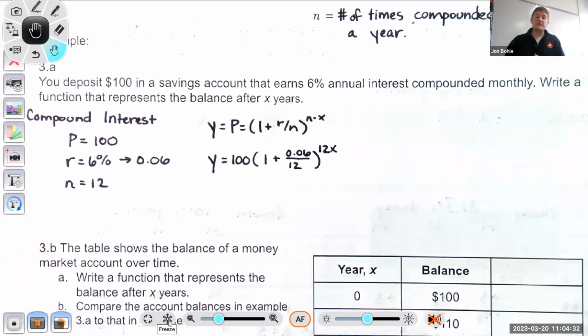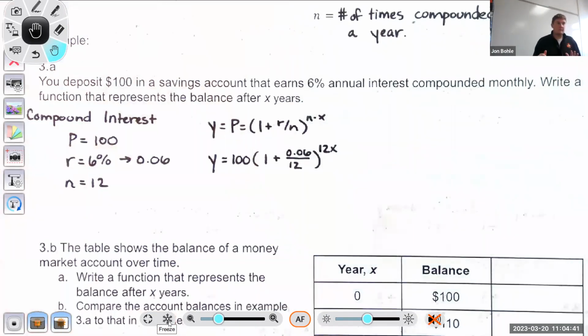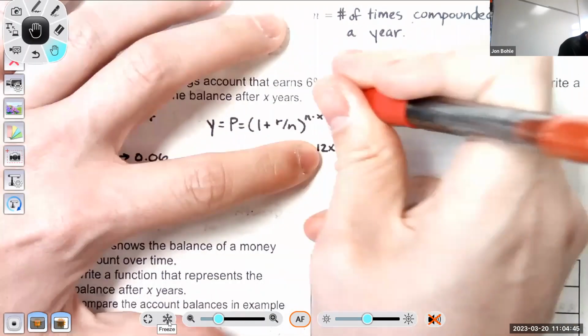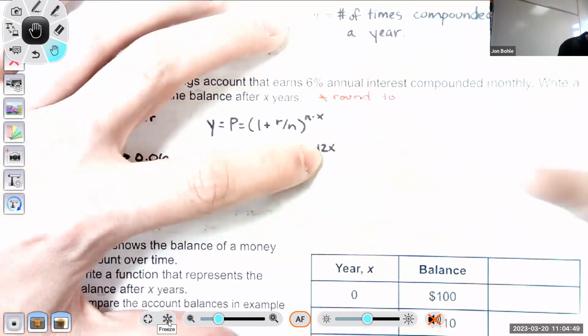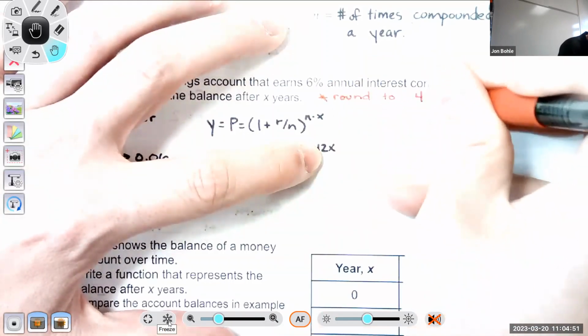Now all we have to do is simplify a little bit. This is random for me. This isn't like a general rule. Let's say when you round to 4 decimal points.